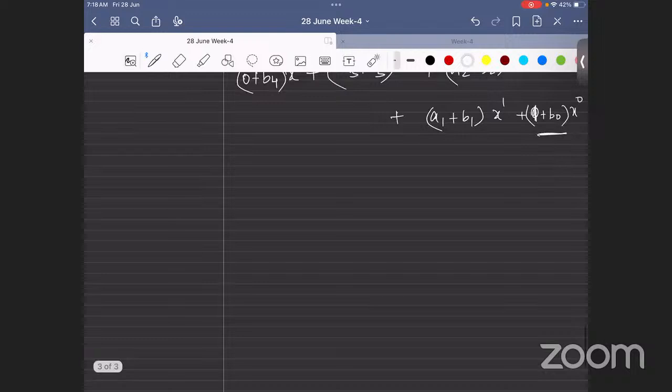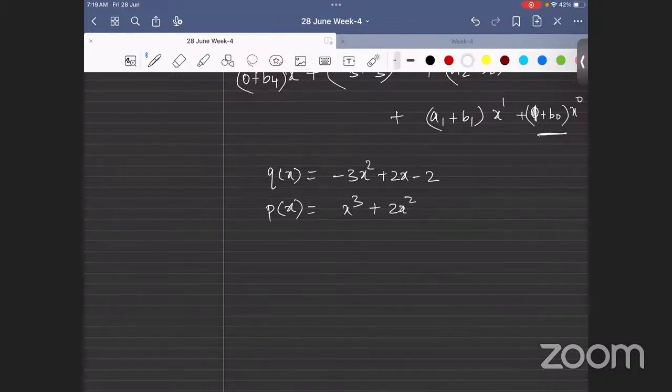If I'm asking, you have been given q(x) equals minus 3x square plus 2x minus 2, and p(x) as x cube plus 2x square plus 8x. And if I'm asking you p(x) minus q(x), what should be the value?